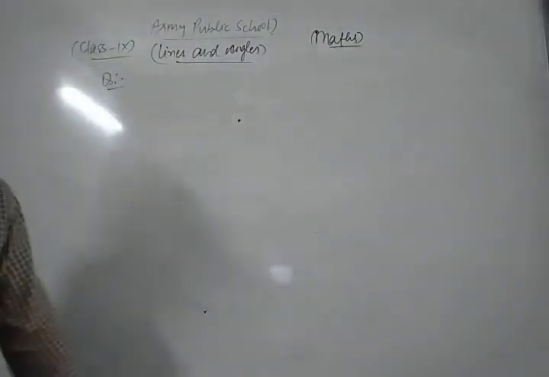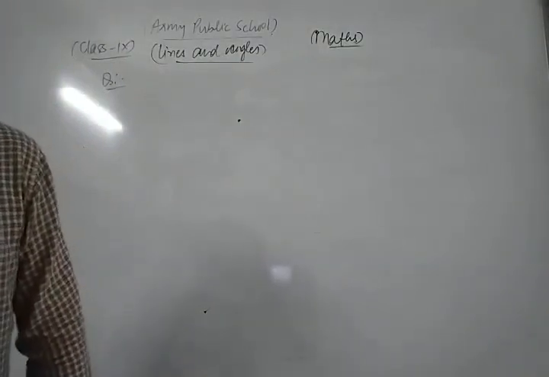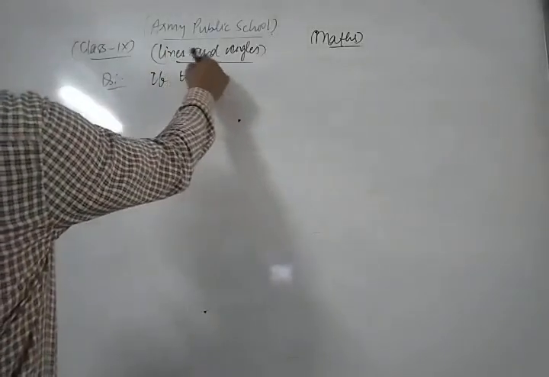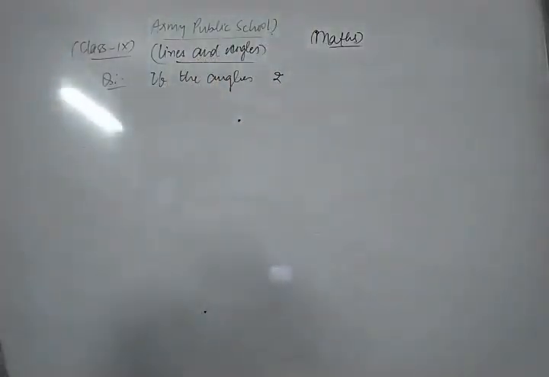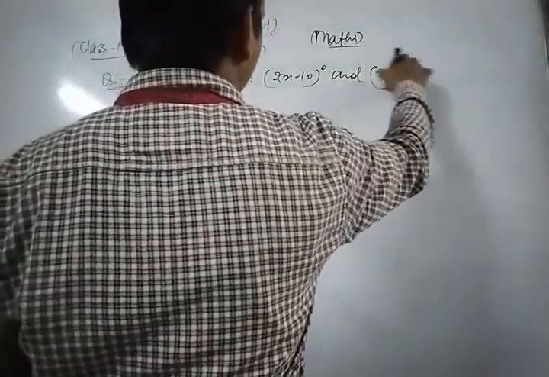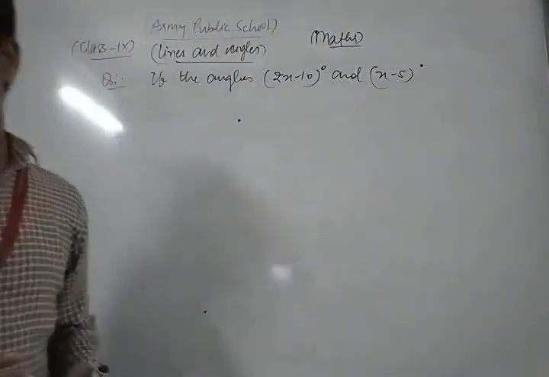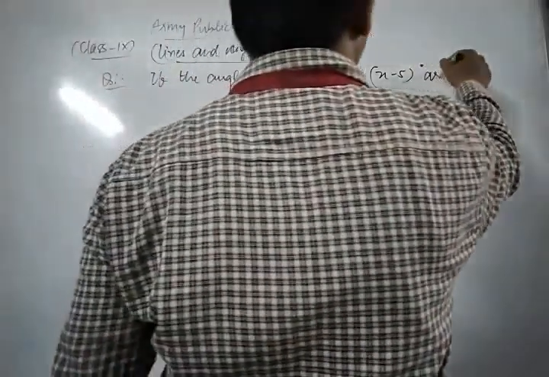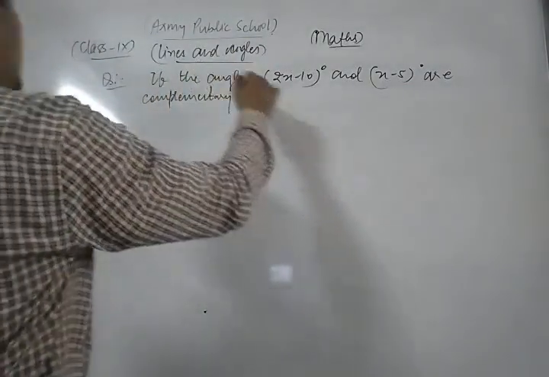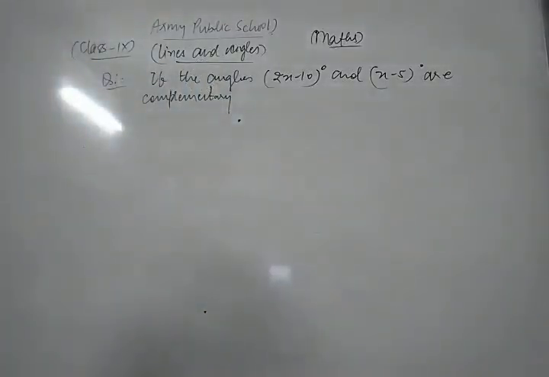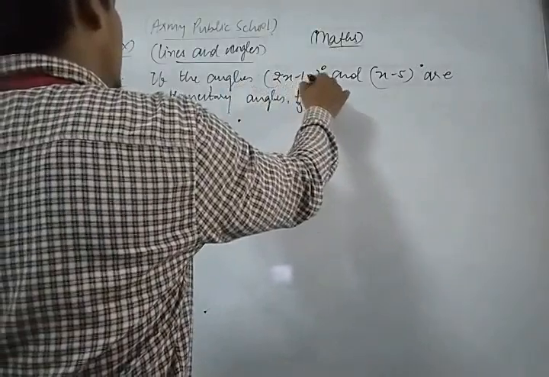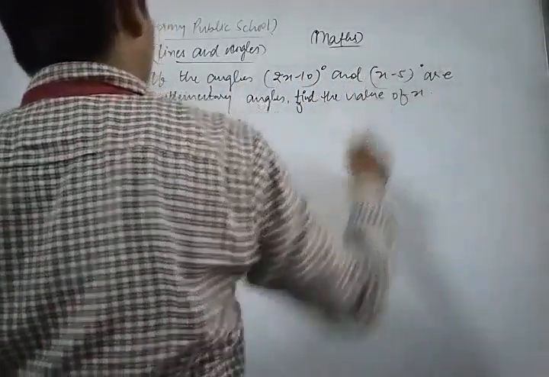The question is: if the angles 2x minus 10 degree and x minus 5 degree are complementary angles, find the value of x.